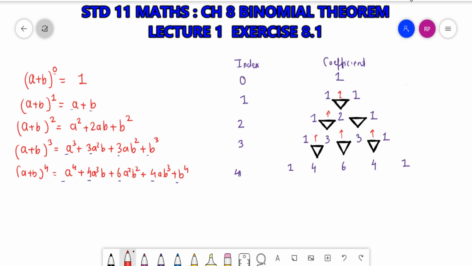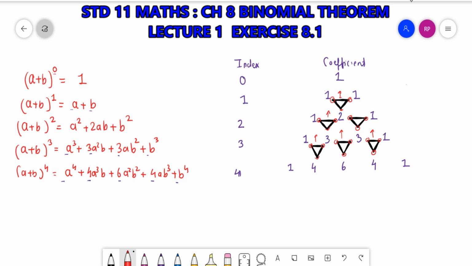Now if I take the vertices, this 1 plus 1, I will get 2. 1 plus 2, I will get 3. 1 plus 3, I will get 4. 3 plus 3, I will get 6. 3 plus 1, I will get 4. 2 plus 1, I will get 3. Right? So this is the pattern that is followed here.